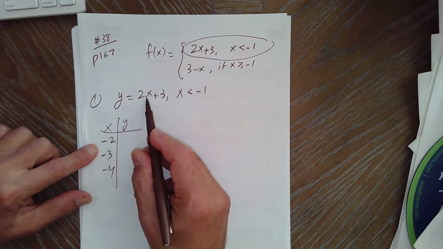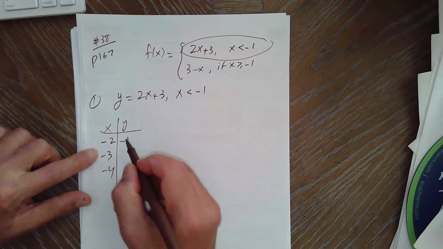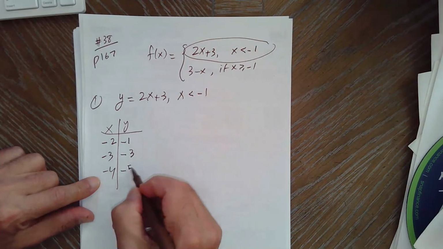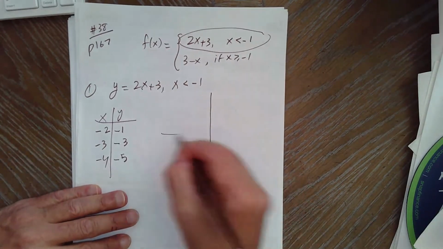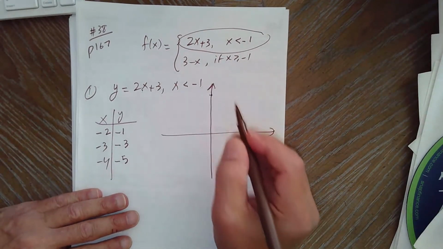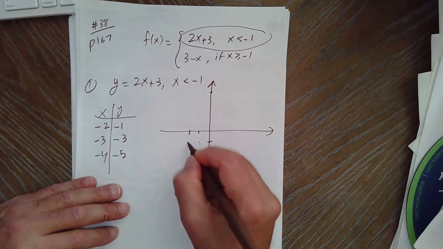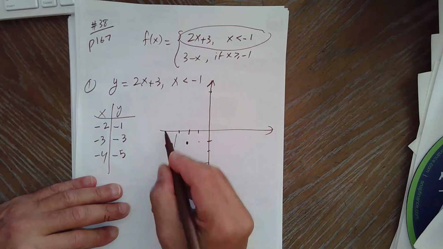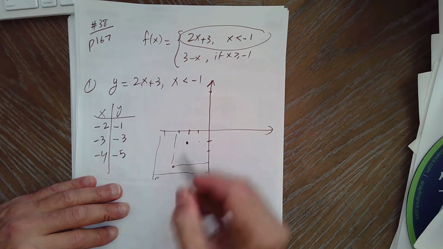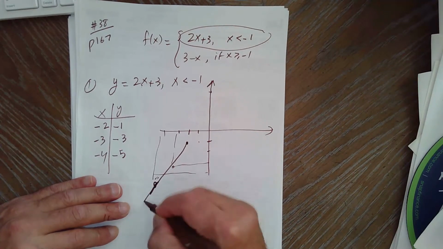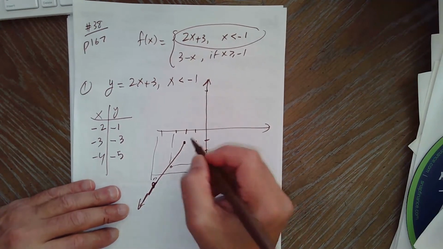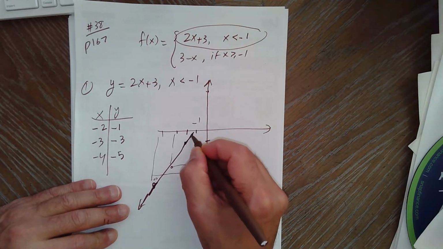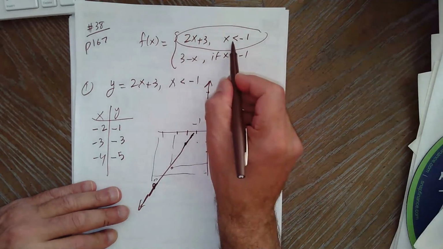Put in -2, 2 times -2 is -4 plus 3 is -1. -6 plus 3 is -3, and -8 plus 3 is -5. So you can see it's a line that's going to extend in this direction. I'm a little sloppy, but it's going to reach -1, but not including -1, because x is less than -1.